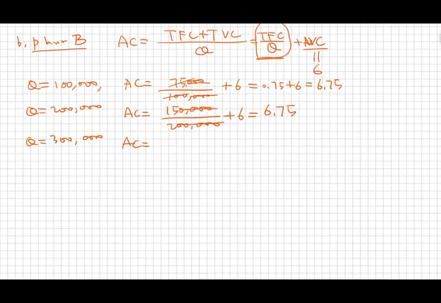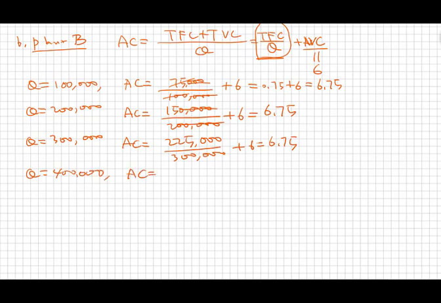So average cost increases as the total cost becomes triple of the 75,000, which is 225,000, and divide by 300,000 and plus 6, then you have 6.75. Then maybe some of you already predicted 400,000 units.